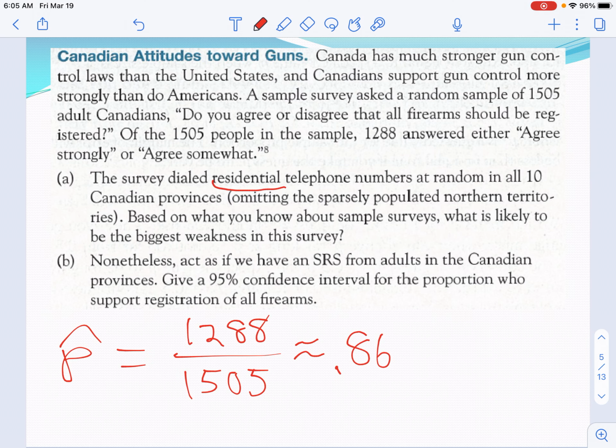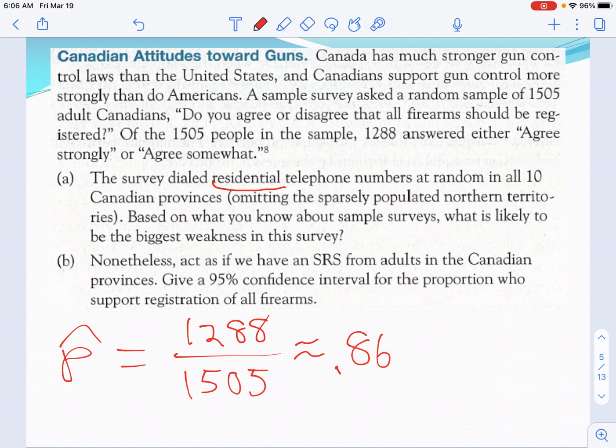And we've talked about random digit dialing before, how it's biased towards older adults because they are more likely to have a residential phone line, a landline. We may not be reaching younger segments of the population, and maybe their opinions differ on this issue. So we're going to assume that we're okay to proceed into Part B.